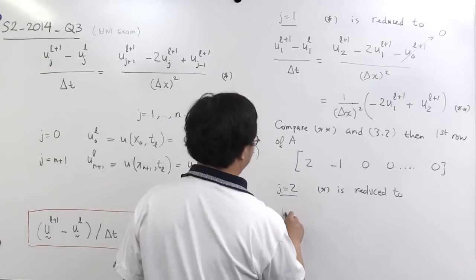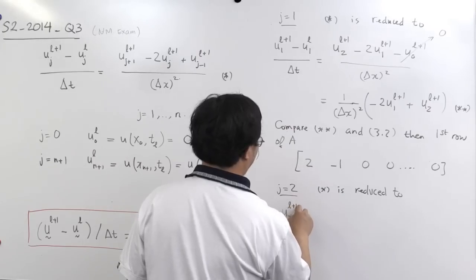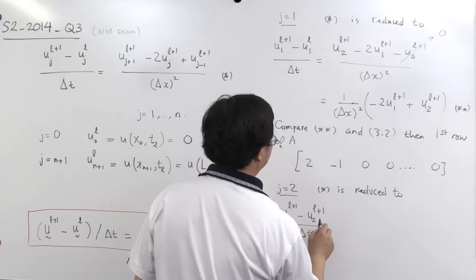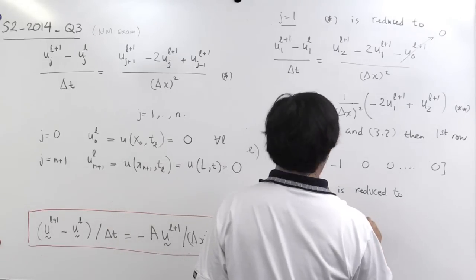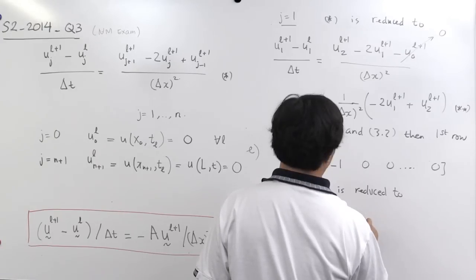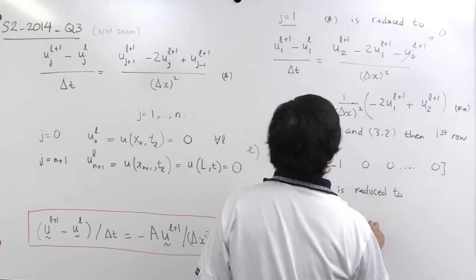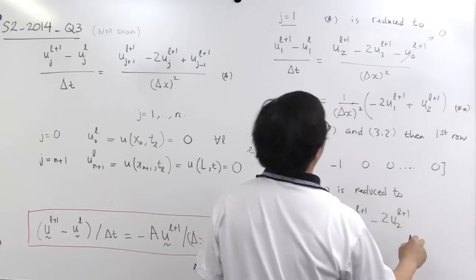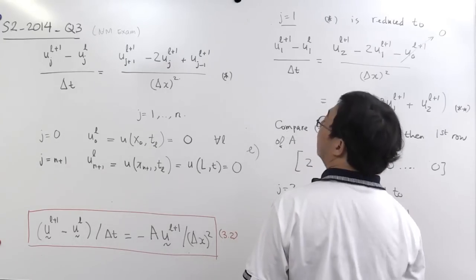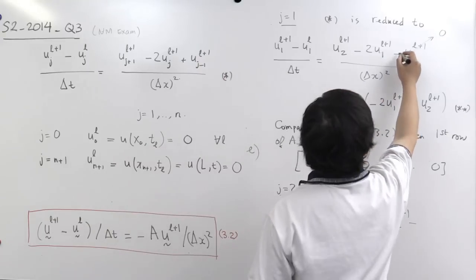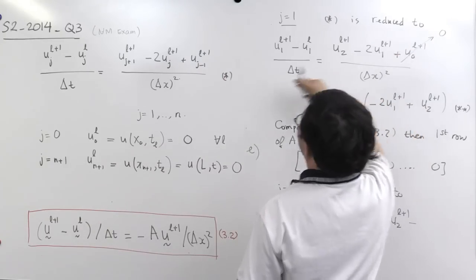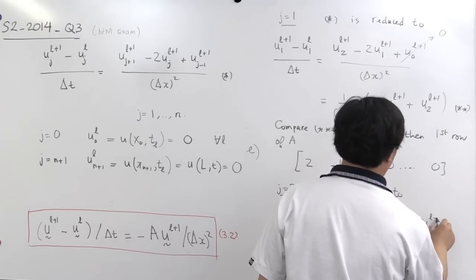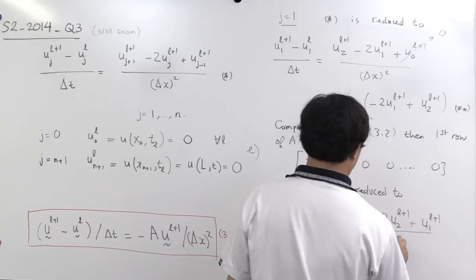So you got u_2^{l+1} minus u_2^l divided by delta t equals u_3 minus 2u_2, plus, I forgot this is a plus, so this one should be a plus, plus u_1^{l+1} divided by delta x squared.